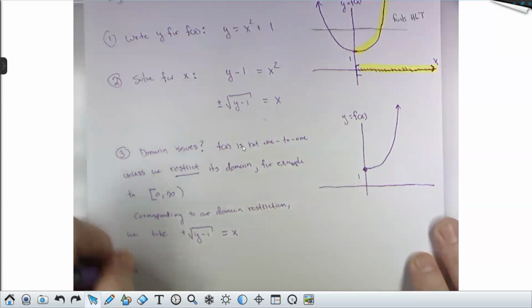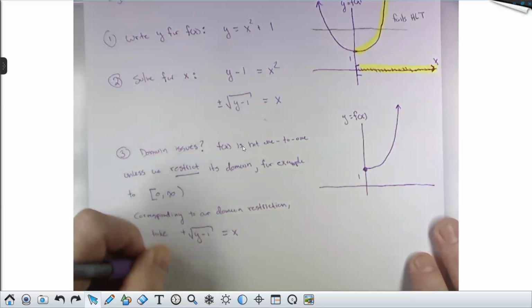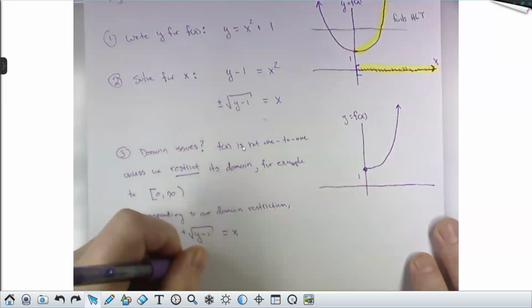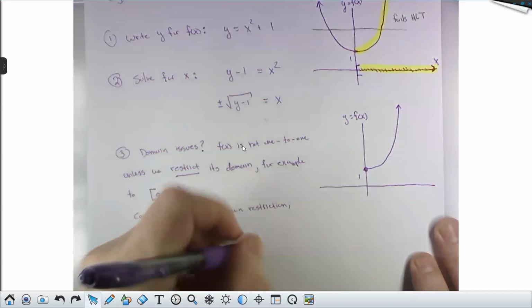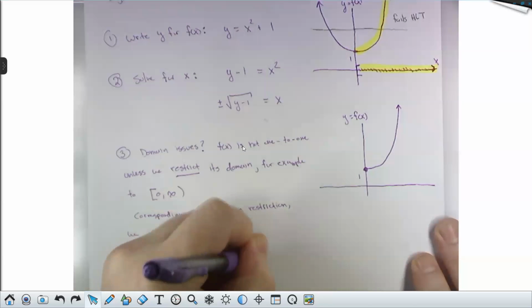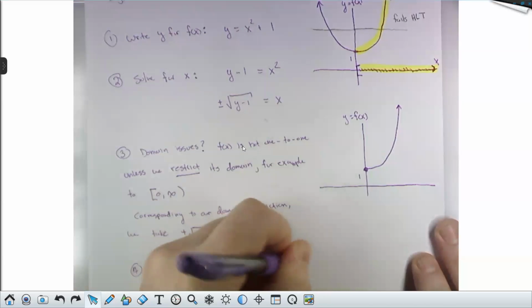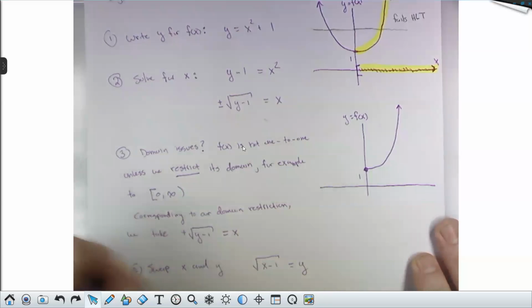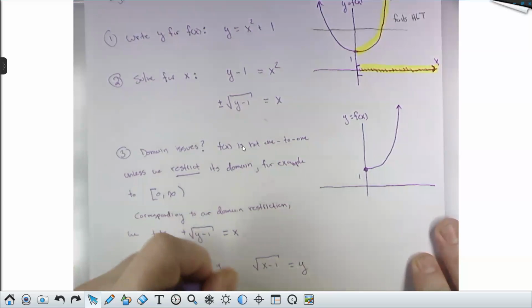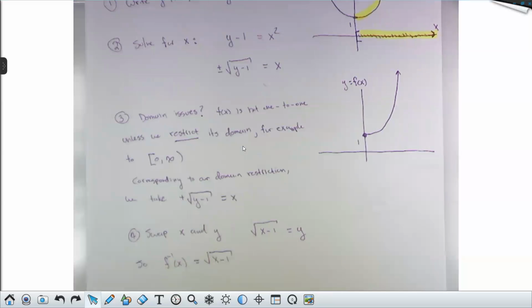And now we swap x and y. And that will give us the square root of x minus 1 equals y. So f inverse of x is the square root of x minus 1. And this is how you find inverses algebraically.